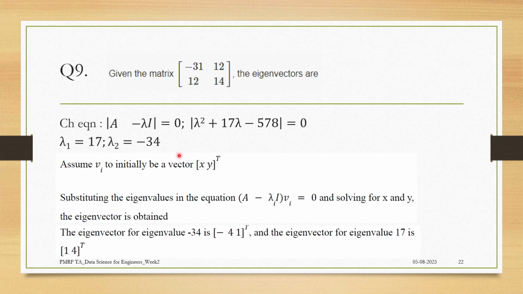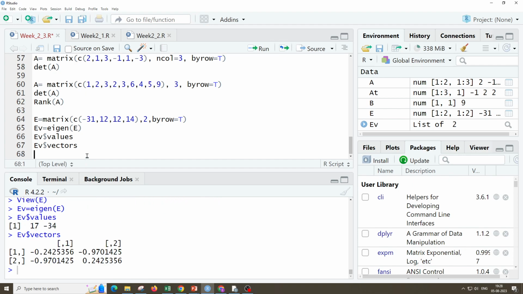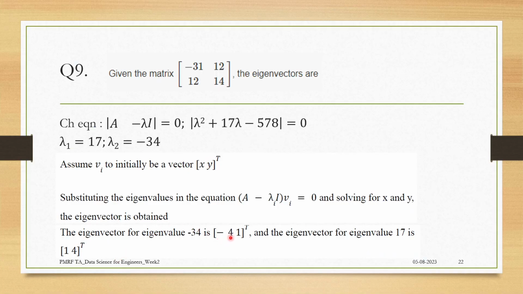For the vectors, sometimes the values won't come the same as how you solve by hand. It will come as these type of values. But if you solve clearly by hand, you'll get these values, since you'll be working with the values and solving the equations.